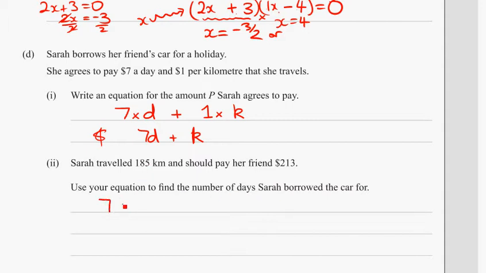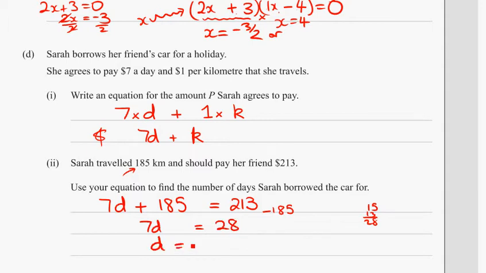So 7d plus, she travels 185 and she ends up paying 213. 185 times 1, remember it was $1 for each kilometre. Now we need to minus 185 from that. 15 up to 200 and another 13 would give me 28, which is nice, so d equals 4.